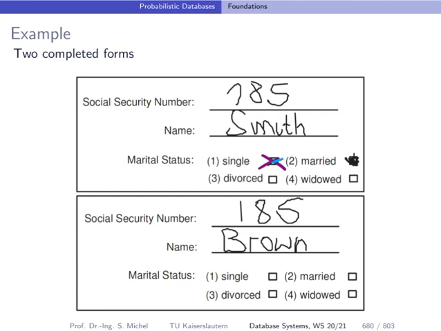Then we see here we have 185, perhaps if you're German or if you're using the same notation as in Germany we do, you would probably say this is a 185. But if you're looking at this one here below, this would also be a 185. Perhaps if you're from the US or more used to the way they write numbers, often I see you writing this for 7 and this for 1.